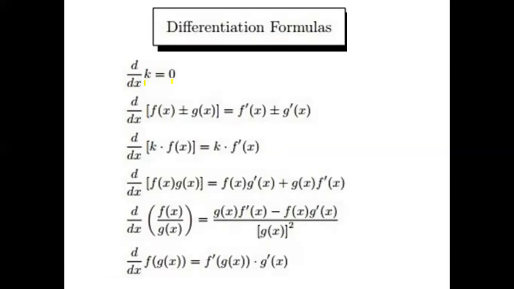Next, derivative of two functions added or subtracted. So we take derivative of the first function, plus or minus as it is, derivative of the second function. Derivative we generally denote by dash.